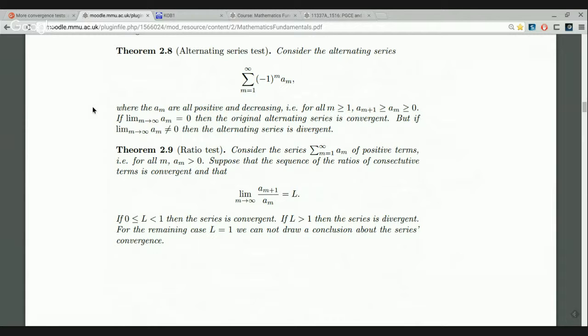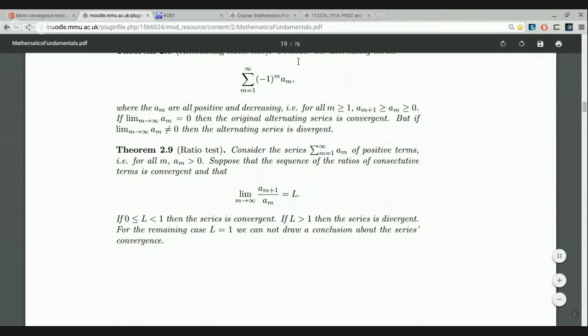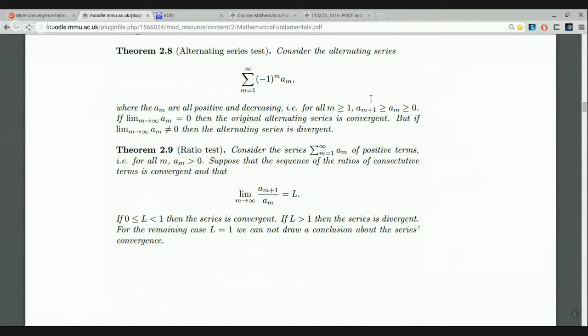So we'll assume that the a_m are all positive and that they are decreasing. But now you'll notice that there's a misprint there. So we're assuming the a_m are decreasing. Now I've written the inequality the wrong way around there, haven't I? Because it should be that a_m is bigger than or equal to a_(m+1). So maybe you could make that correction there.